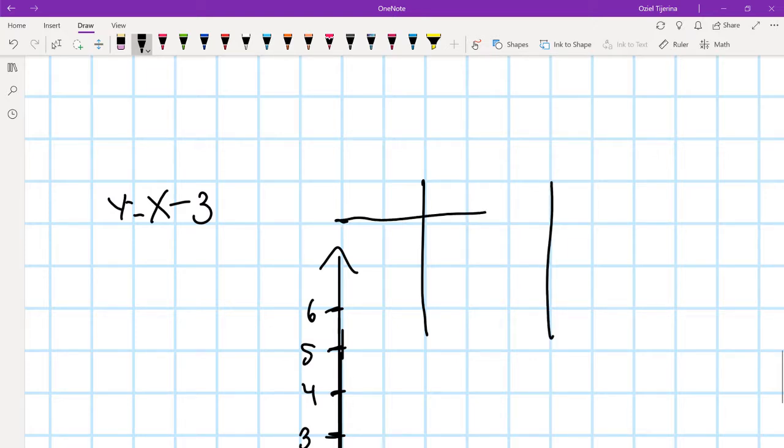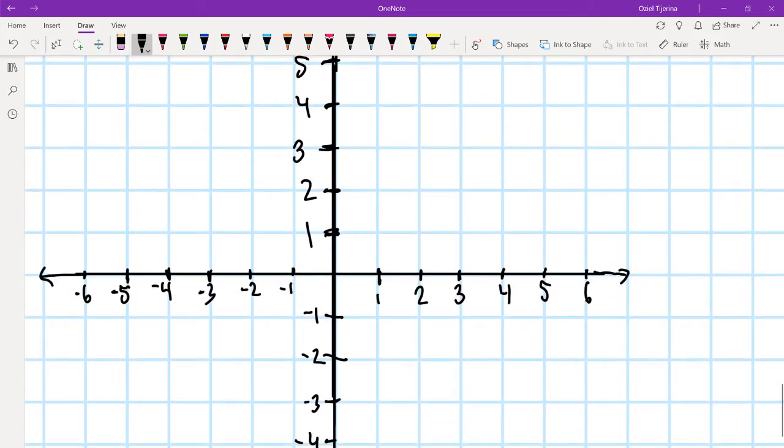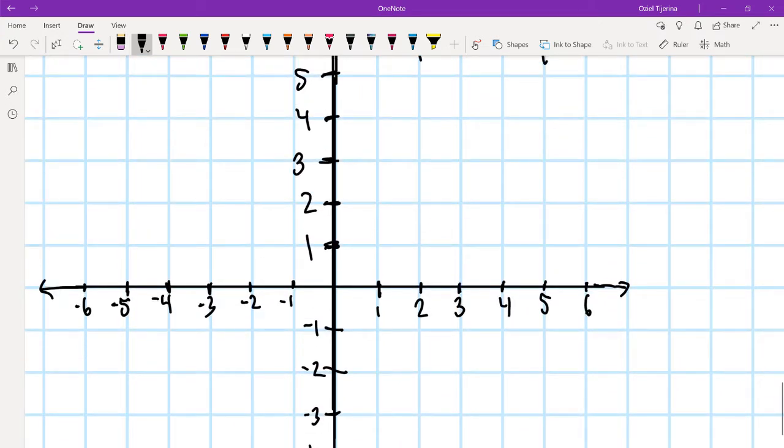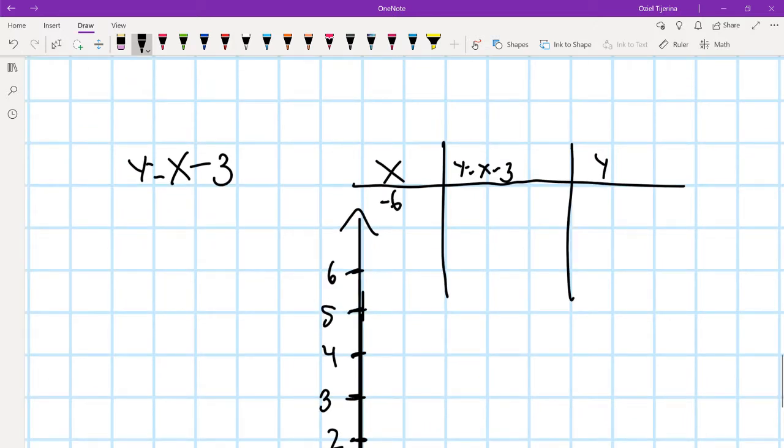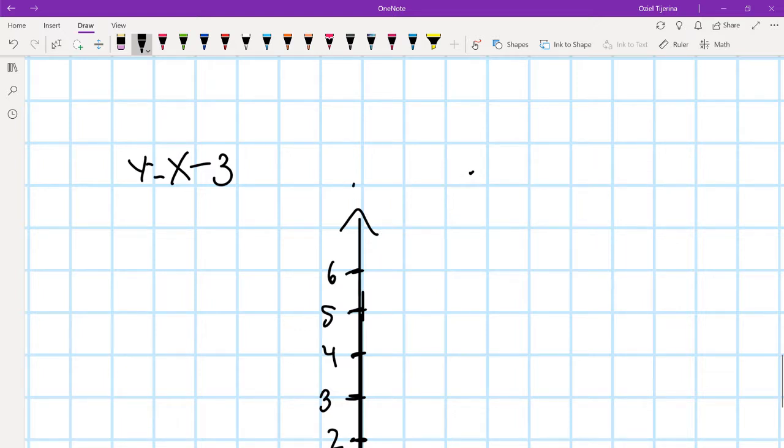If you're barely learning and you're not good at graphing linear equations, what you can do is you can make an xy table. So you can say -6, -5, -4.